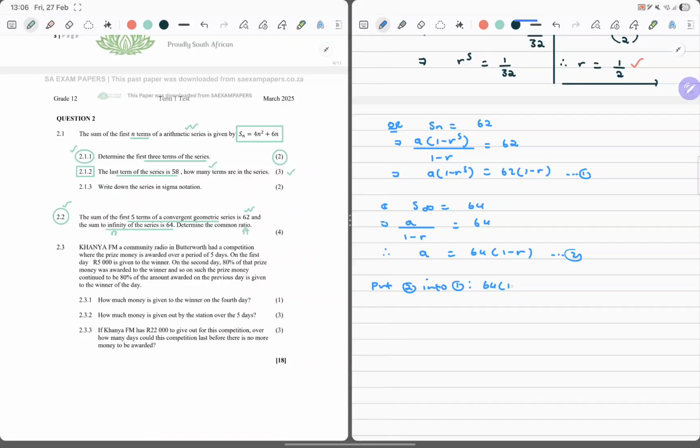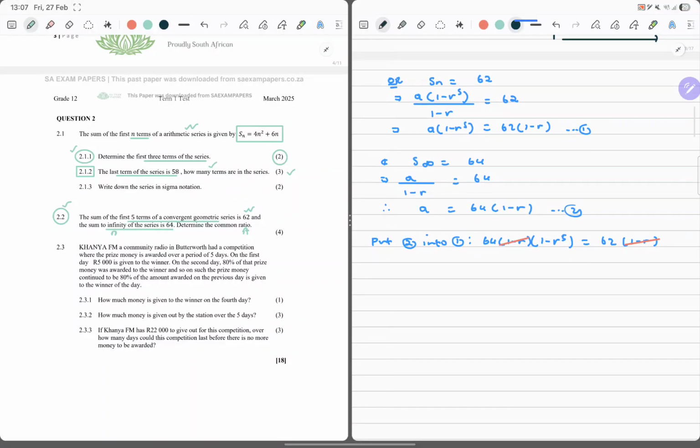Is 64 into 1 minus r, but this is multiplied by 1 minus r to the 5, isn't it? This is going to be equal to 62 into 1 minus r. So this is a common factor. It divides out, or we can divide it out to 1. And what do we have left, folks?